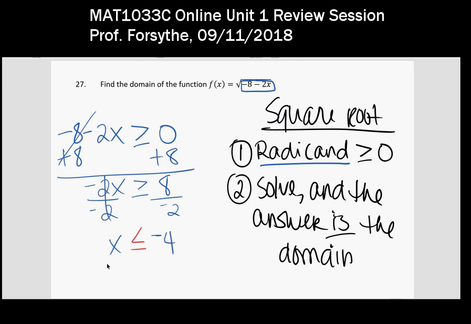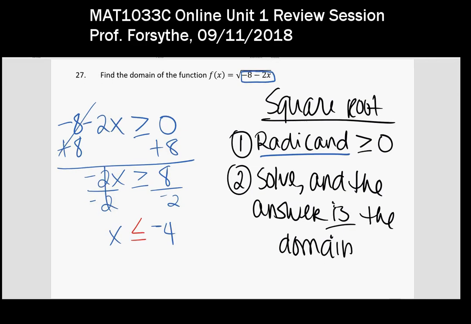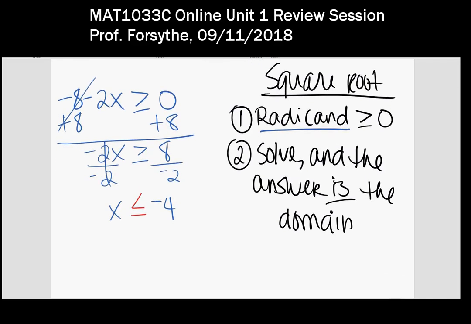But to write this in interval notation, let's graph it so we can get an idea of what it would look like. So if I have negative 4, x is less than, so all the values less than negative 4, and then less than or equal to. So we are going to include negative 4 with a closed circle or a bracket.